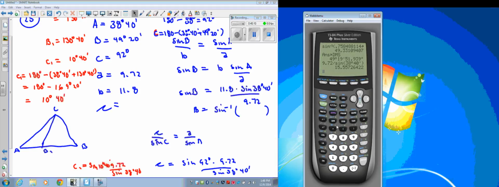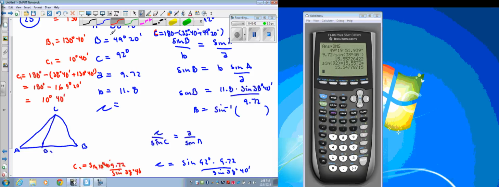So that's 15 point, I don't know. Whatever. This should be 15 point, whichever one you want to do, 5. I'll just do 5.